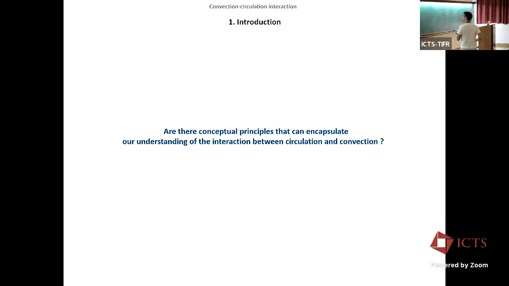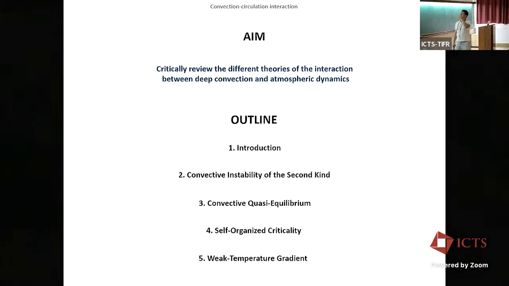So after this fairly long introduction, this is the aim of this lecture, to see the different theories that have been come up with over the years, and how valid they are, and see 4 of them mostly. So convective instability of the second kind, convective quasi-equilibrium, self-organized criticality, and then a weak temperature gradient.